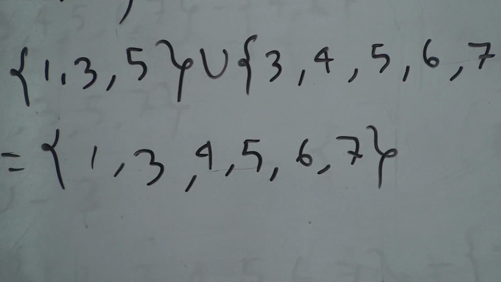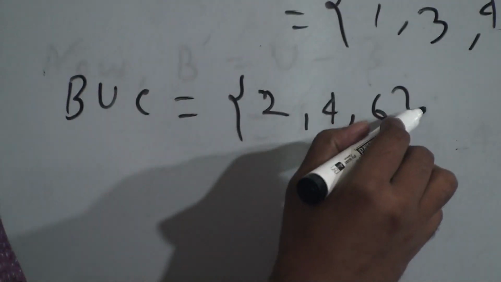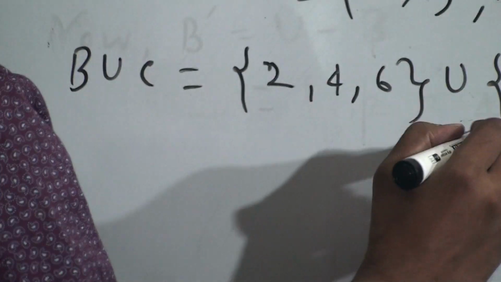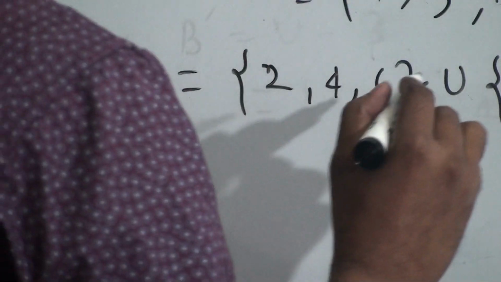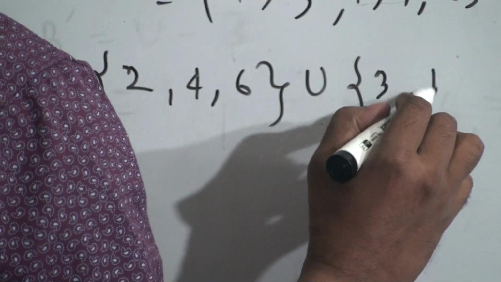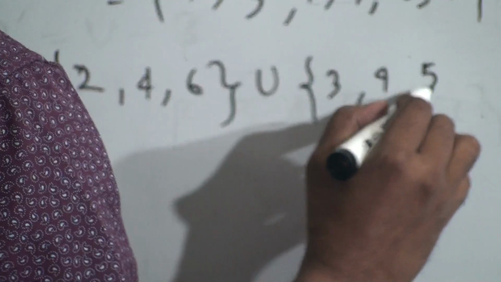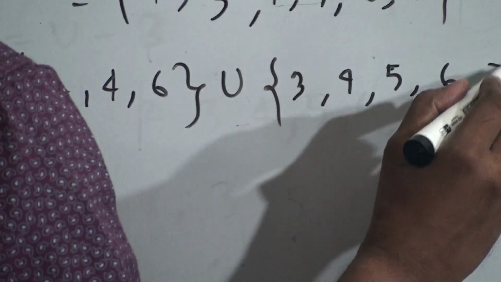Now we'll find out value of B union C. B union C equal to, here value of B is 2 4 6, union value of C is 3 4 5 6 7.